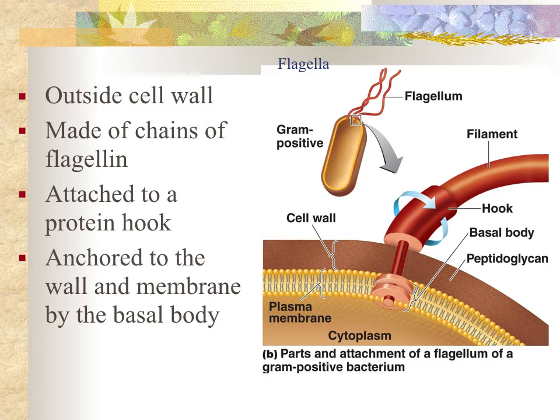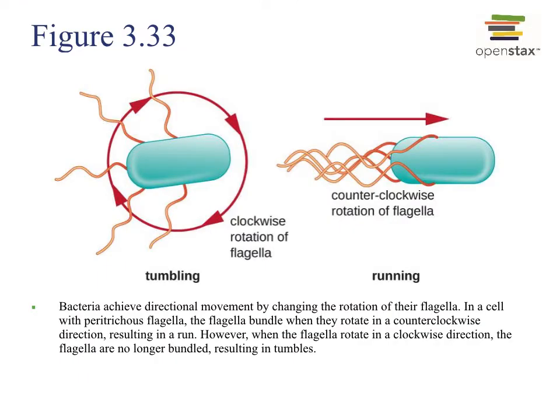A prokaryotic flagellum is made of a single protein, mostly flagellin, that's attached to a hook and a basal body that is then anchored into the cell wall and cell membrane, and it rotates like a propeller, and this helps bacteria swim.